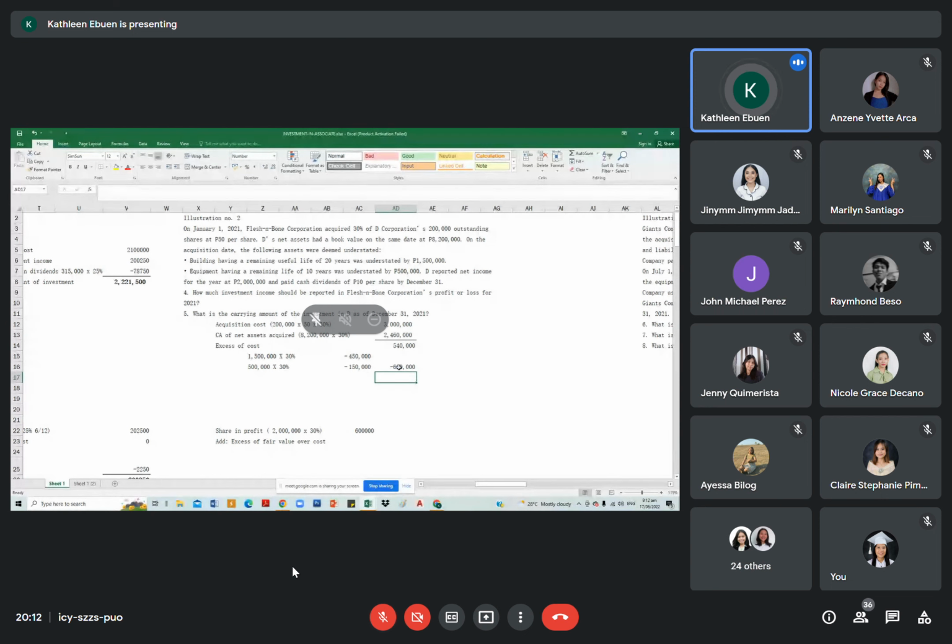Mas mataas yung fair value kesa dun sa cost. Therefore, meron tayong excess of fair value over cost.